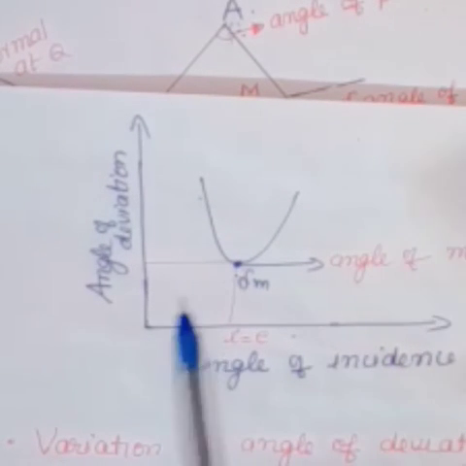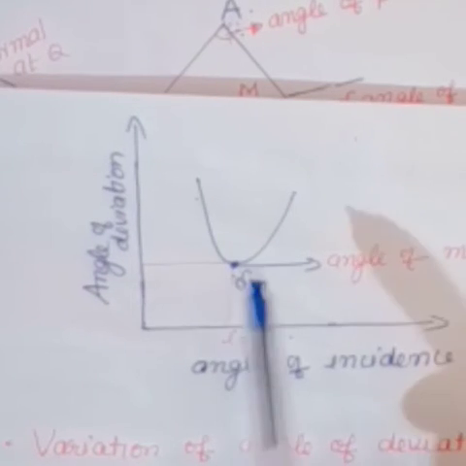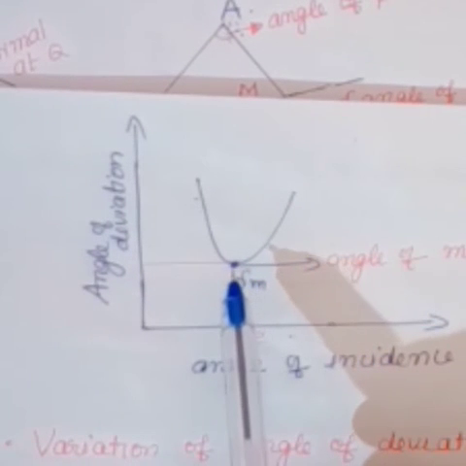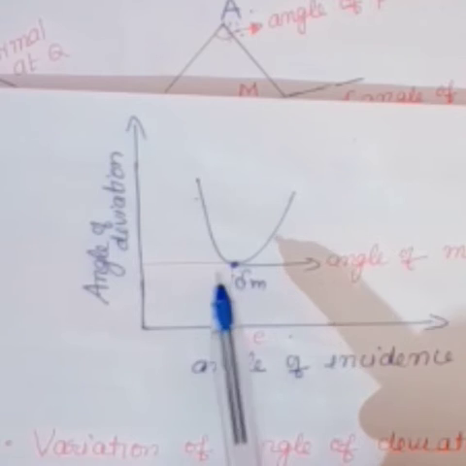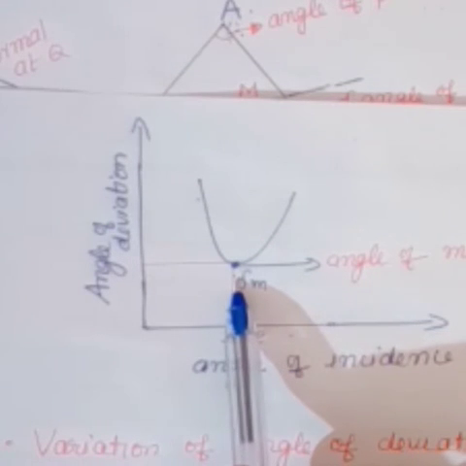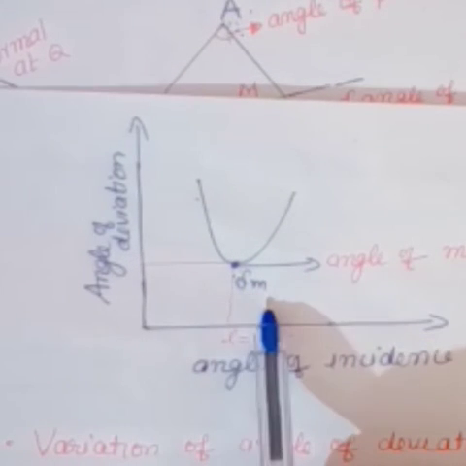So the minimum value of the angular deviation suffered by a ray on passing through a prism is called the angle of minimum deviation, denoted by letter delta m.